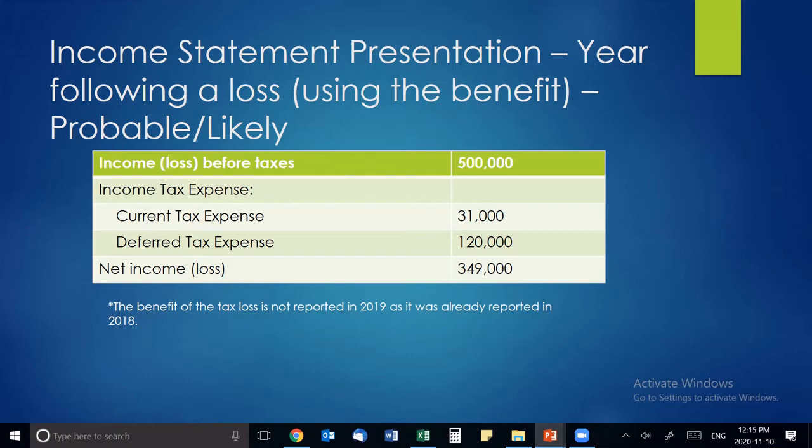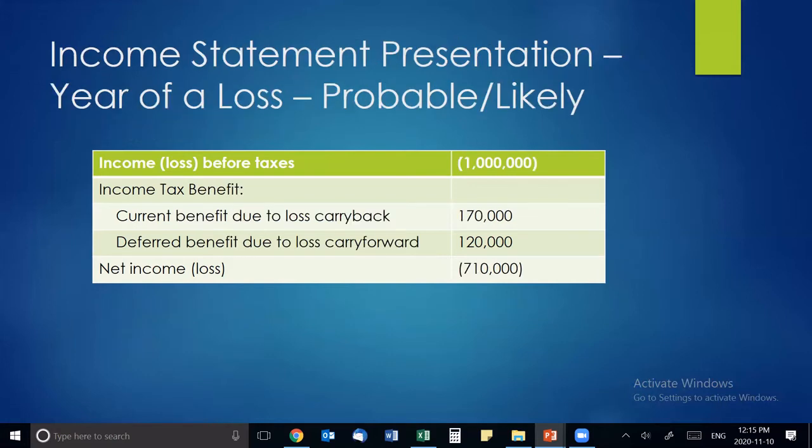So just pretend that accounting income and taxable income were the same amount, 500,000. We have a current tax expense of 31,000, deferred tax expense of 120,000, which brings down the net income to 349,000. So that benefit we got from having a tax loss is not recognized in 2019 because it was already recognized in 2018 to bring down this loss.